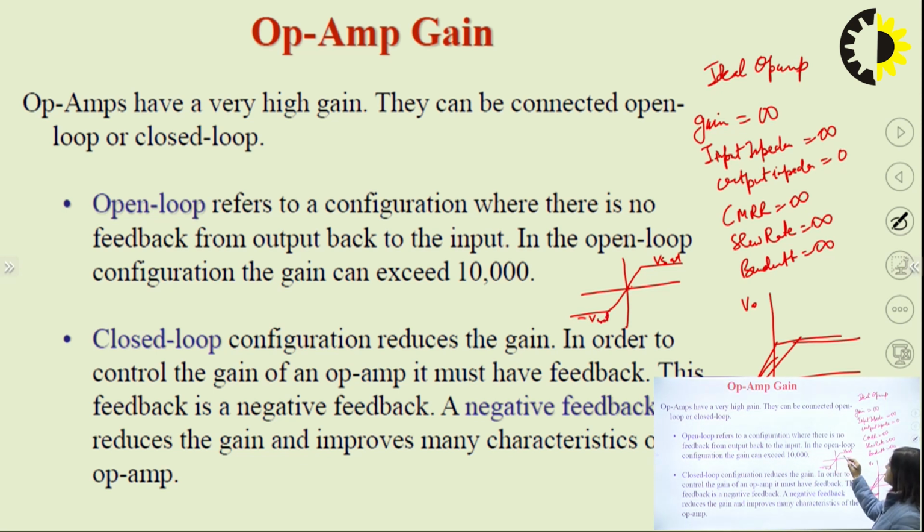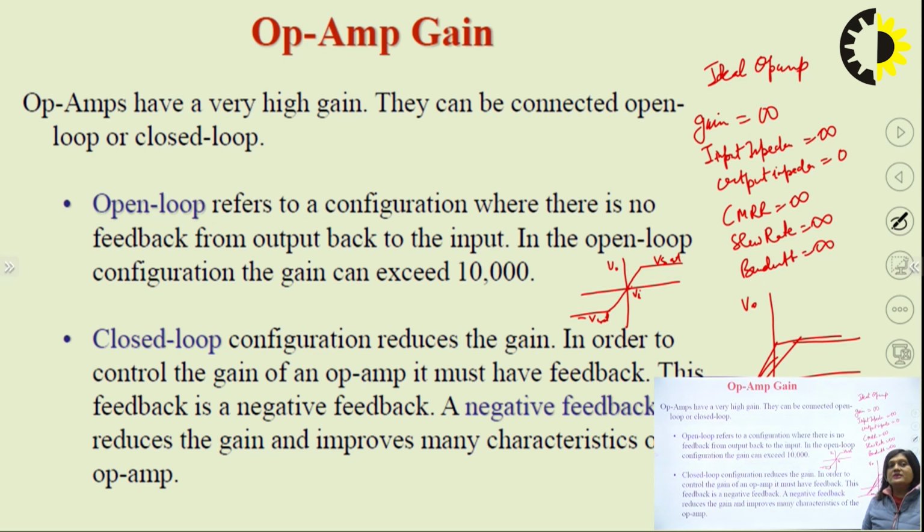This is the V input, and this is the V output. It means if we are changing the input in open loop configuration, the maximum output that will be obtained will be plus V sat and minus V sat.